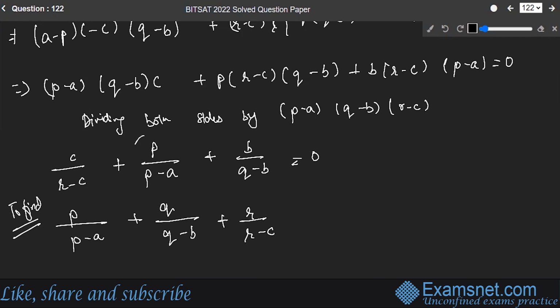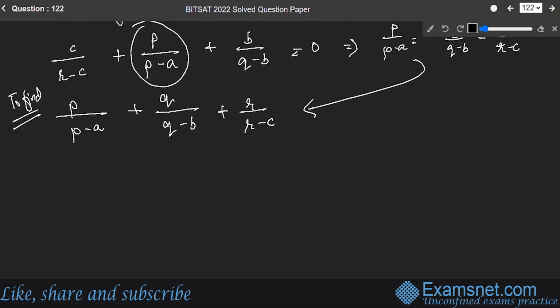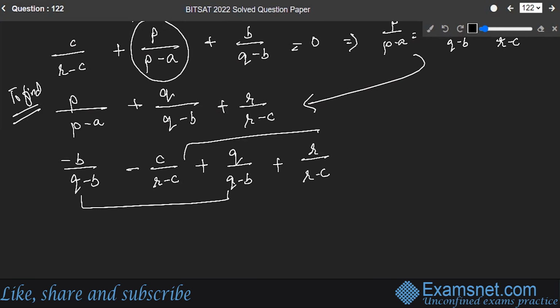Now I will use P upon P minus A from here. This is equal to minus B upon Q minus B minus C upon R minus C. I will fill this in this equation. So this equation now will be minus B upon Q minus B minus C upon R minus C plus Q upon Q minus B plus R upon R minus C. So I will concatenate these terms.